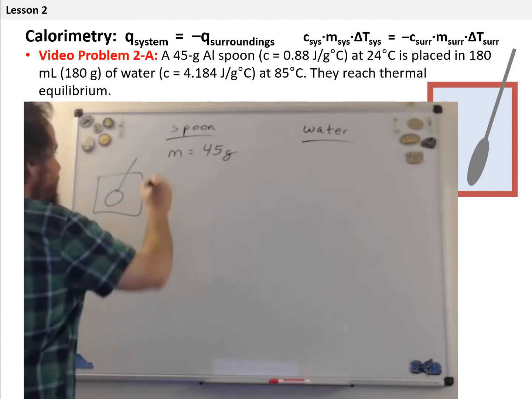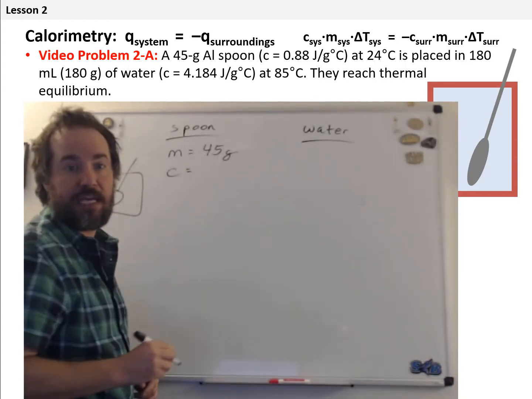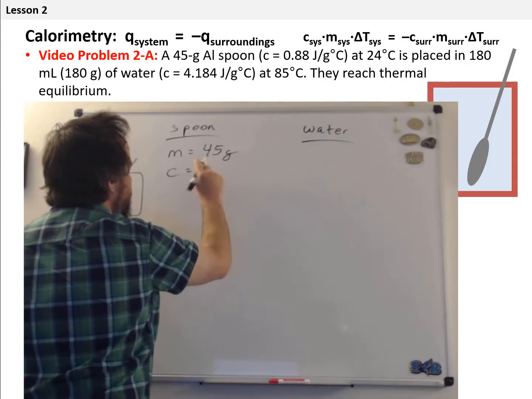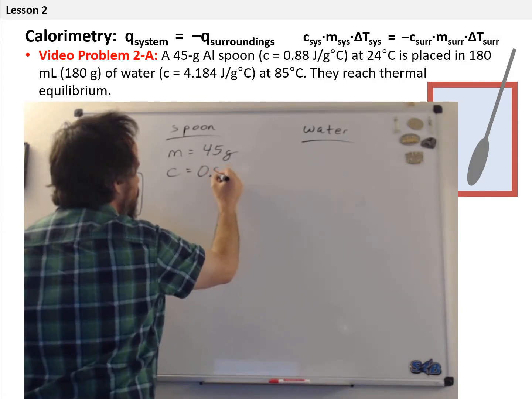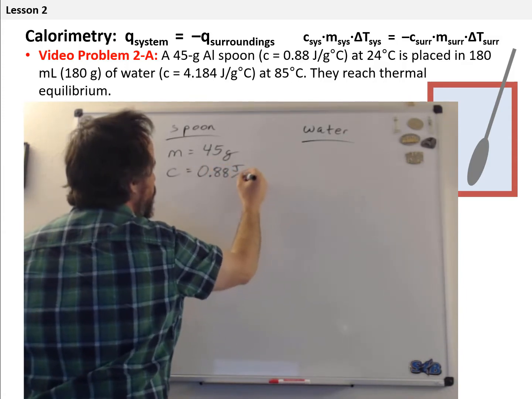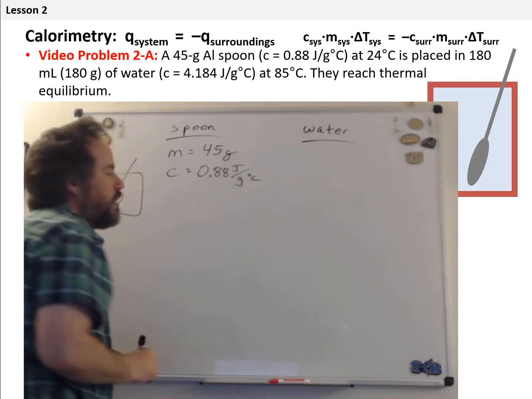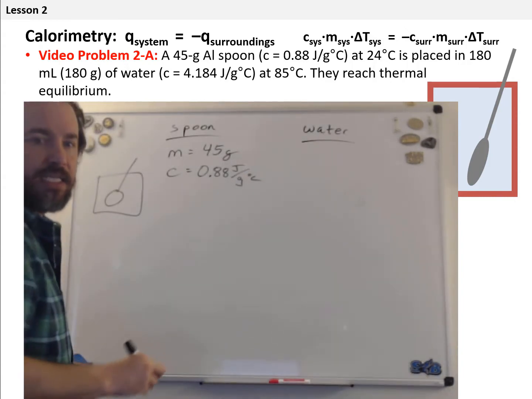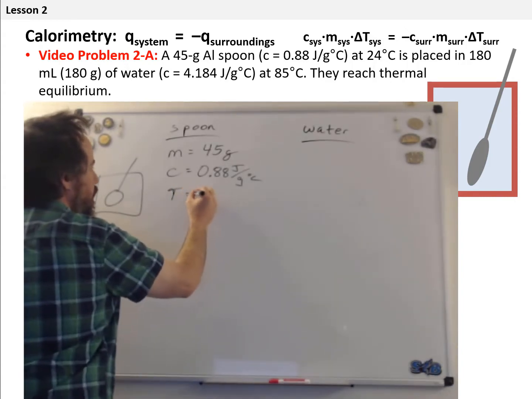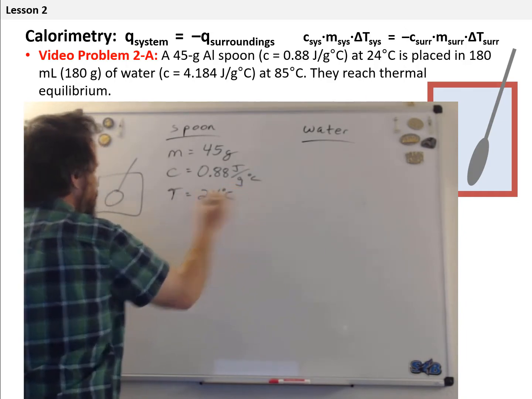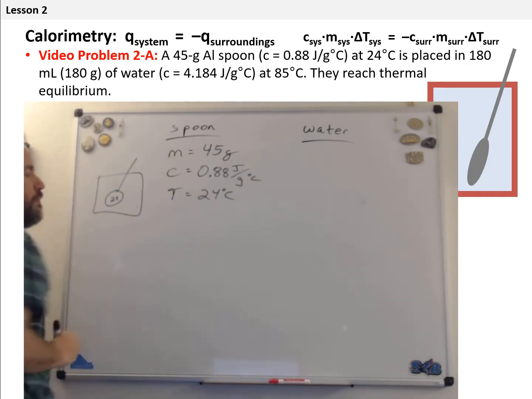We're told the C, the specific heat capacity, 0.88 joules per gram degrees C, and a temperature of 24 degrees C. Okay, and what do we know for the water?